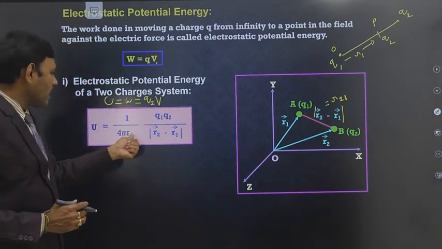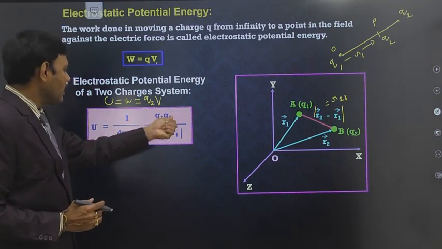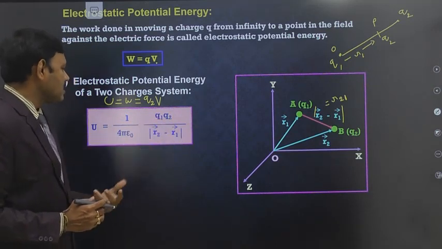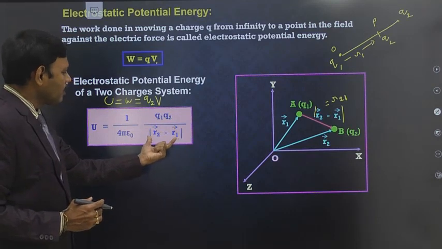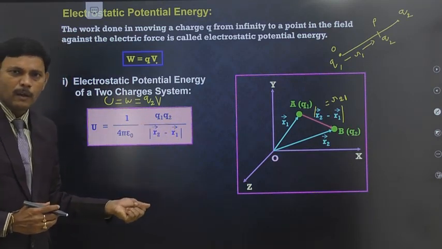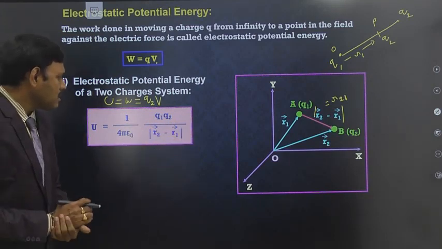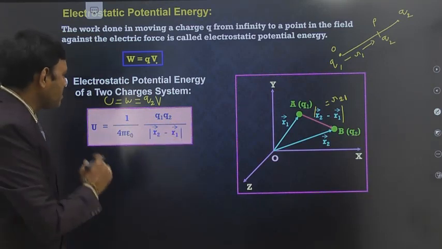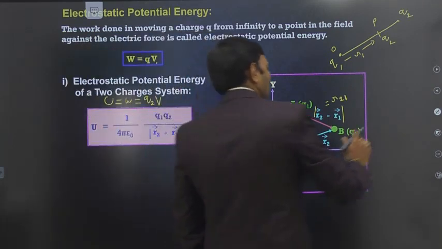Hence it is equal to 1 by 4 pi epsilon naught Q1 Q2 by the distance between the charges. This is the magnitude of distance between the two charges. So potential energy is given by 1 by 4 pi epsilon naught Q1 Q2 by magnitude of R2 bar minus R1 bar.